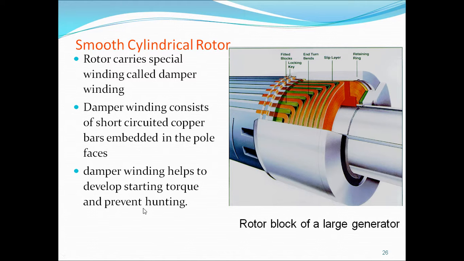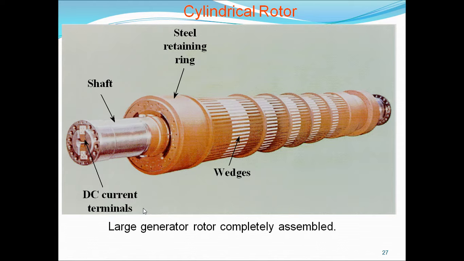I told you in the disadvantages of the synchronous motor, hunting is produced when the load speed is changed frequently or the supply frequency is pulsating. By using this damper winding, the hunting can be minimized.